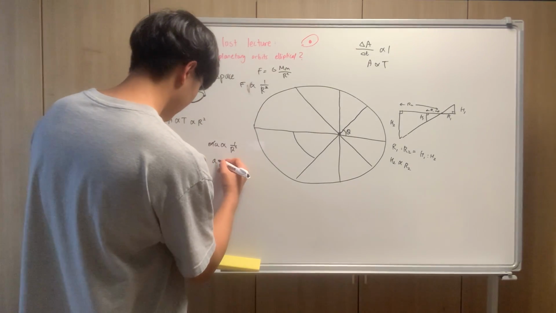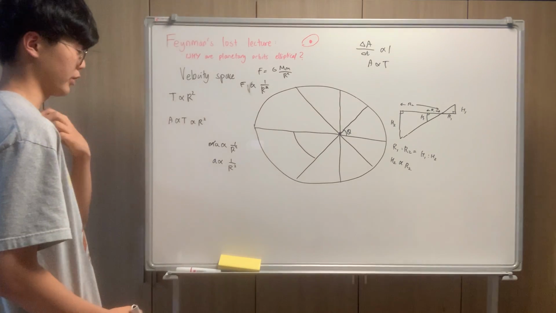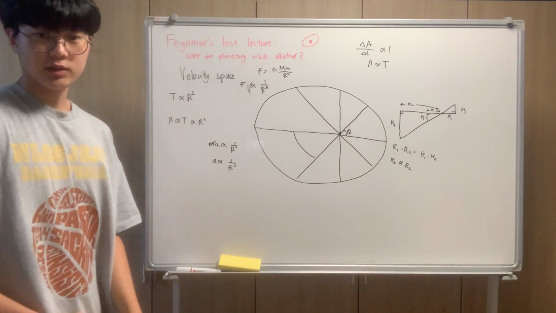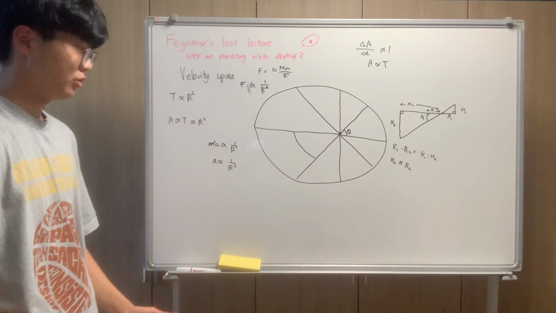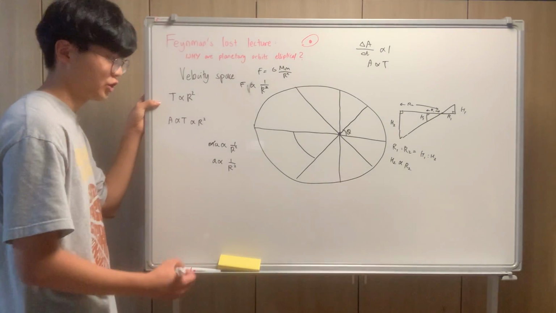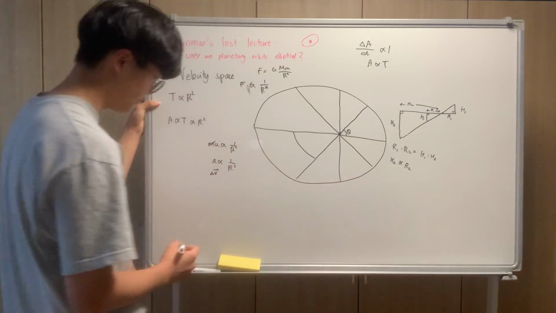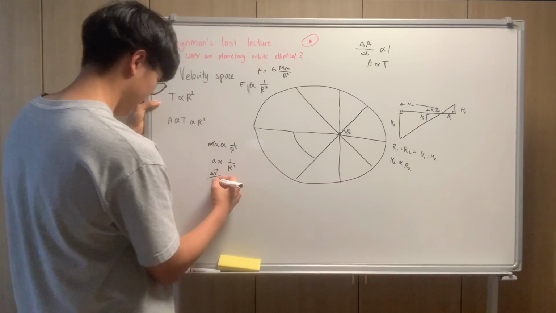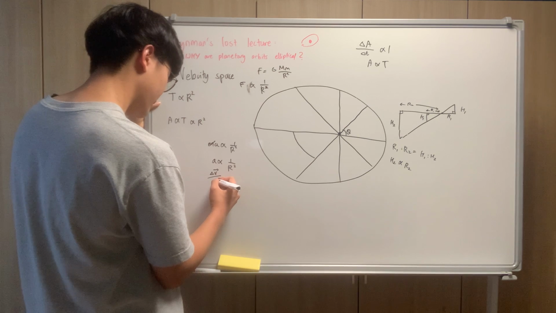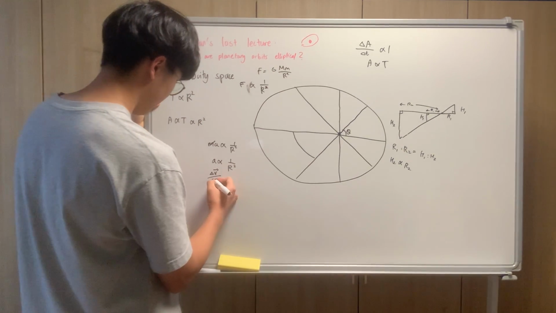So we get a, acceleration, is proportional to 1 over R squared. And what do we know acceleration is equal to? Well, acceleration is equal to delta v, the change in velocity over the change in time. So we get the change in velocity vector over a change in time, say just t.